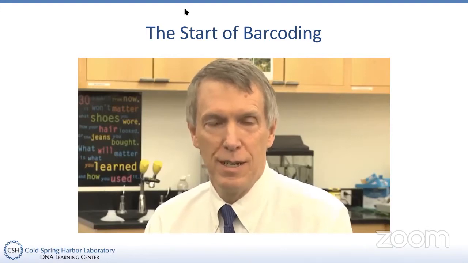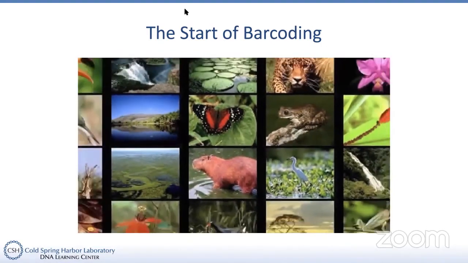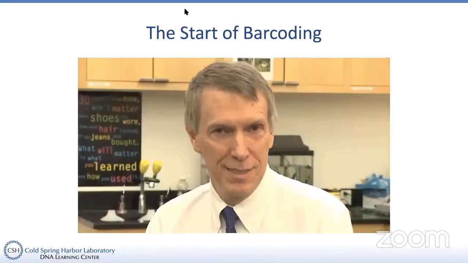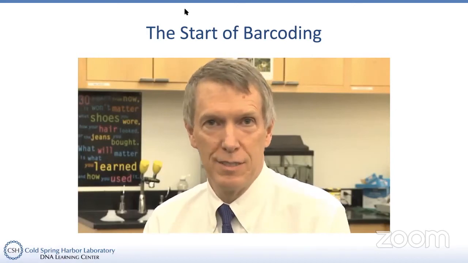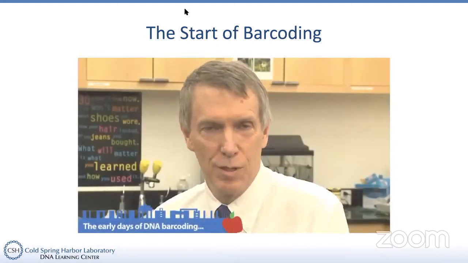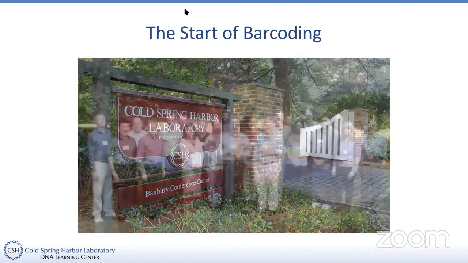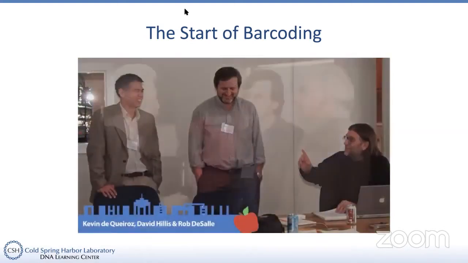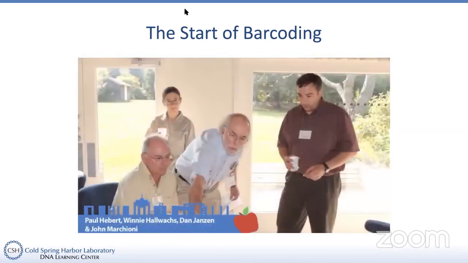There are about 2 million named species of plants and animals, and that's far more than any one person can keep track of. And then in addition, a lot of things have different life stages, their eggs, their larvae, or you might want to know what's in the stomach. What does something eat? When this started in 2003, it was an idea that Paul Hébert proposed, and that led to a workshop, 2 workshops actually at Cold Spring Harbor, one in March and then another one in the following September, to just get other scientists together to say, okay, that's a nice idea, but really, is it going to work?